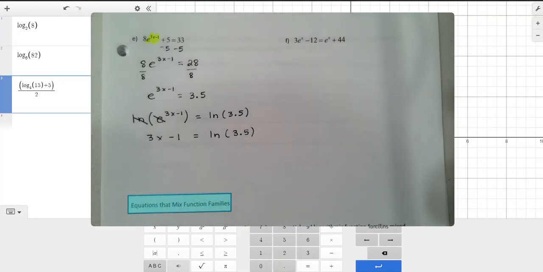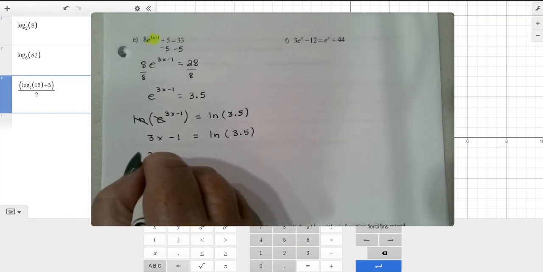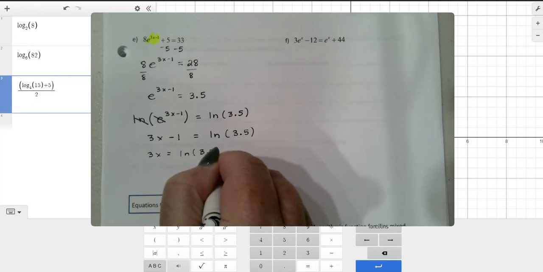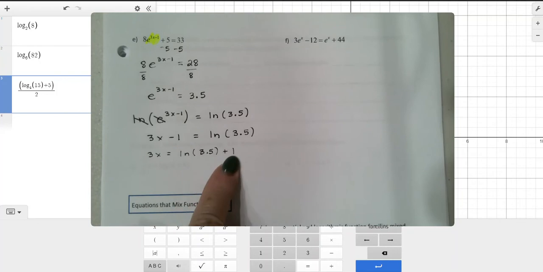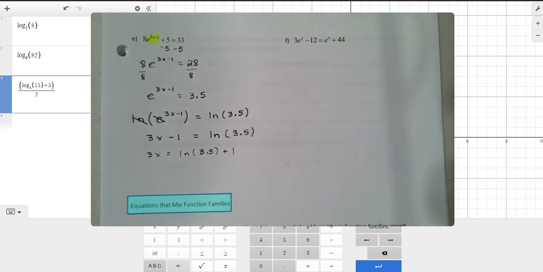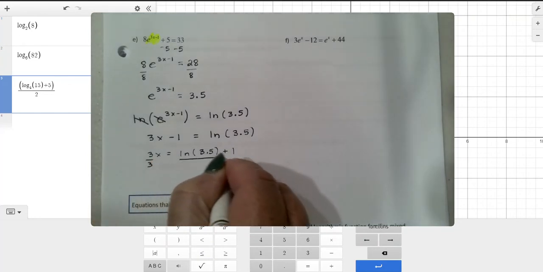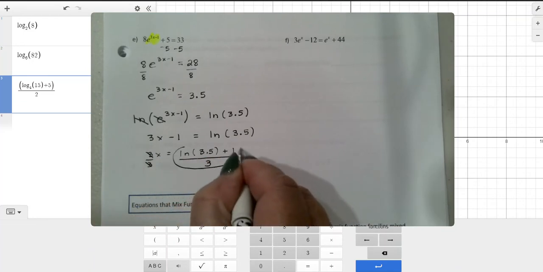If I'd like to keep an exact answer, I would have to add the 1. Again, remember that 3.5 is in the argument. It cannot be combined with the 1. Really can't get it out of the log at this point. So to get x by itself, then I just need to divide by 3. So that's my exact answer right there.